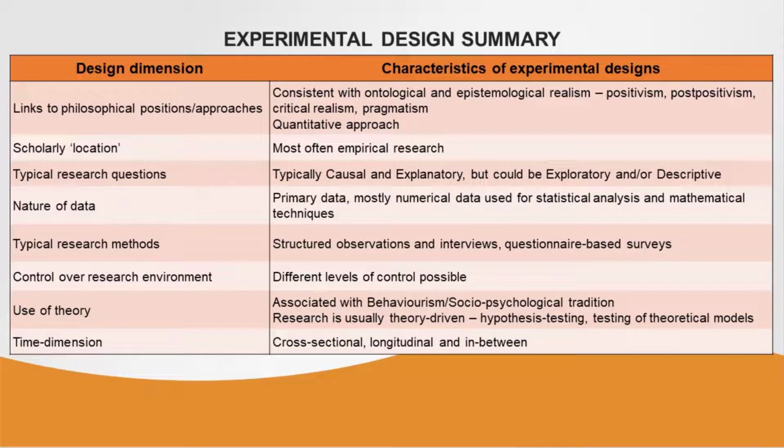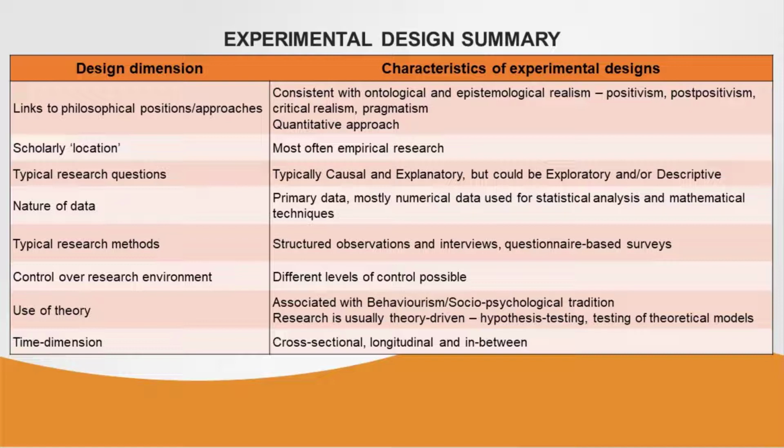Experimental research is consistent with ontological and epistemological realism, making it mostly compatible with positivism, post-positivism, critical realism, and potentially pragmatism. Experimental research is most often empirical research using primary data.